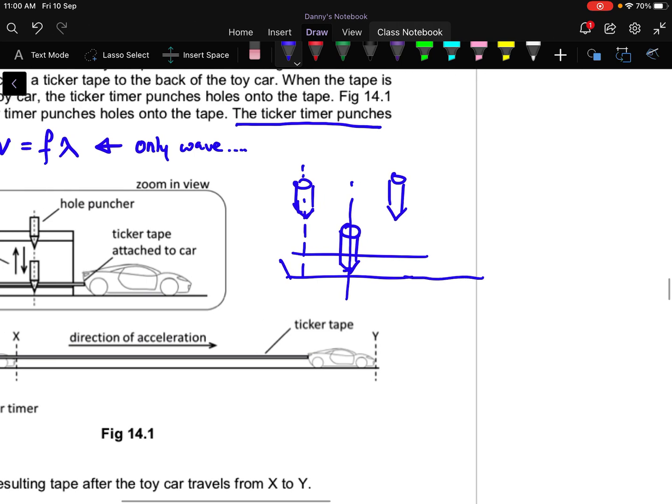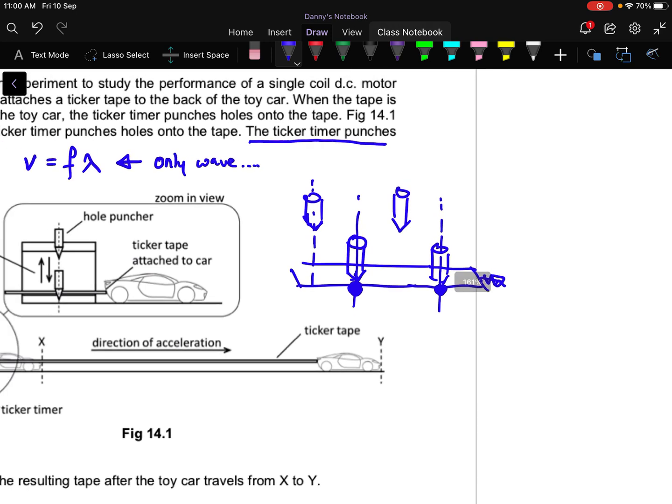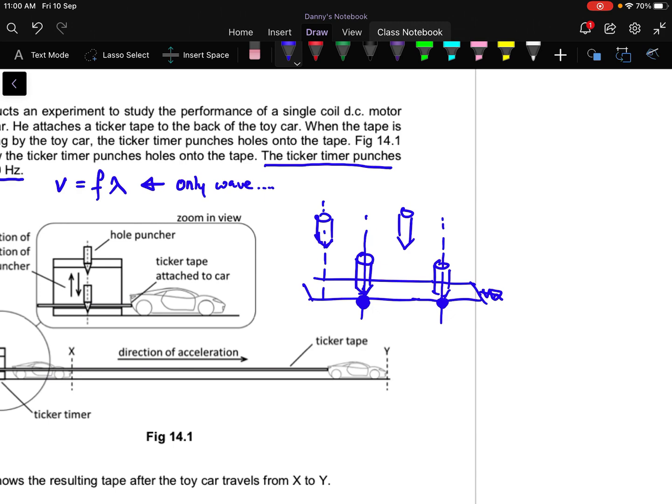Then after that, the puncher will get lifted out, correct or not? And as this piece of paper is being pulled along, at a new position, the puncher is going to lower down again, right? So every time the puncher lowers down, it will make a hole in the tape, correct or not?